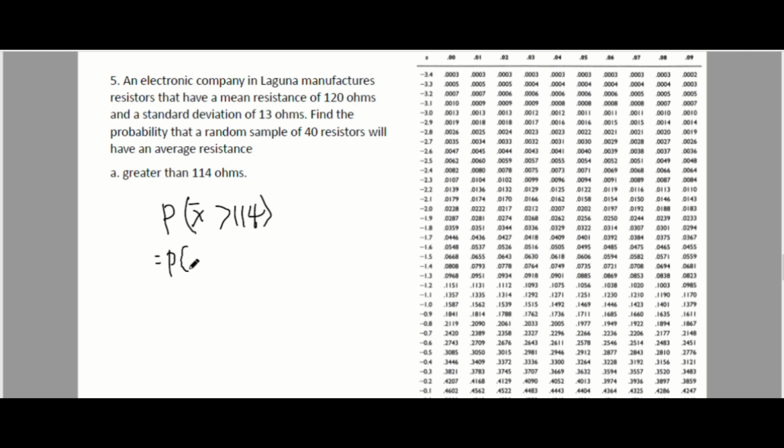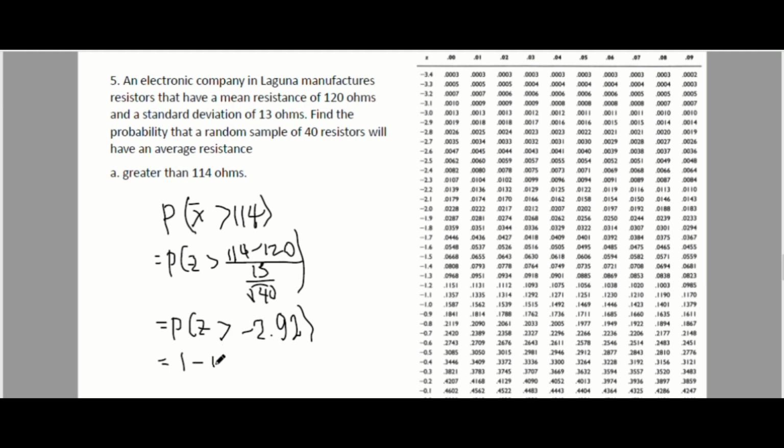So we have P, Z greater than, the formula is 114 minus the mu, 120, divided by the standard deviation, 13 over square root of 40. And this is equal to P, Z greater than negative 2.92.